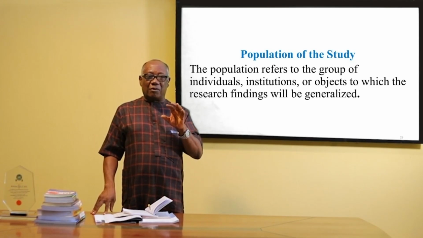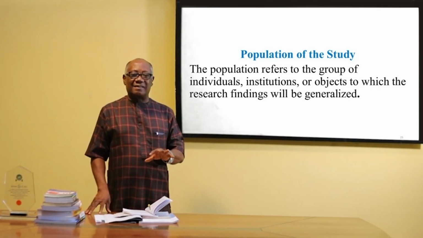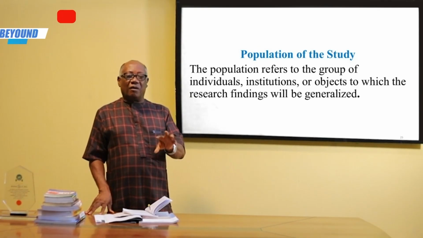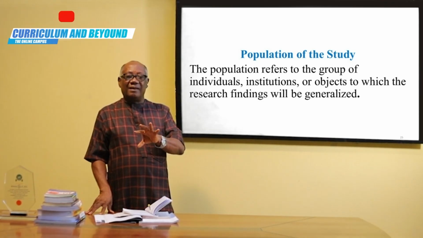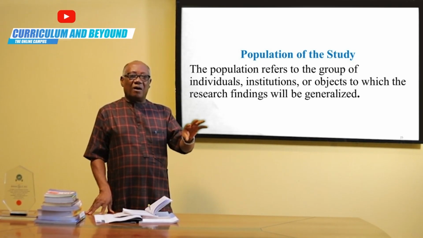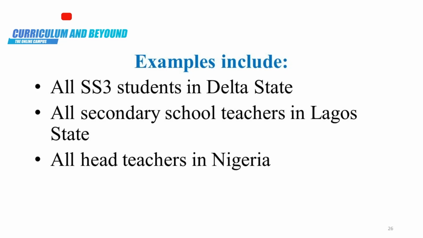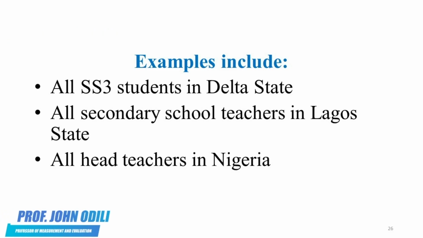So you define your population like this, that the population of this study is all junior secondary school 3 students in Delta North Senatorial District in Nigeria.